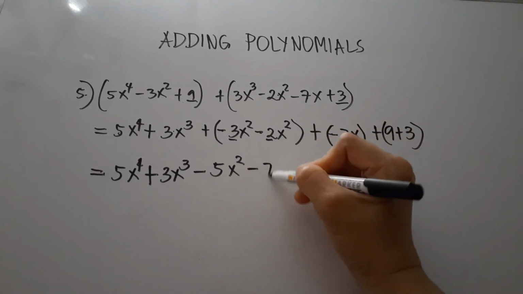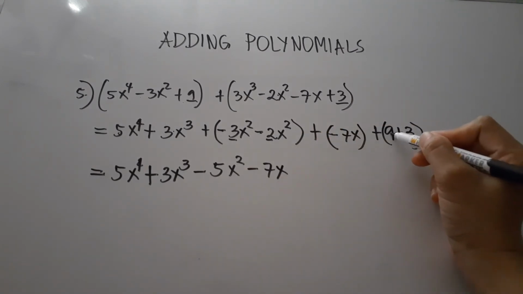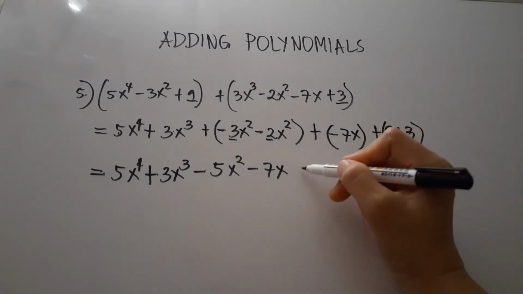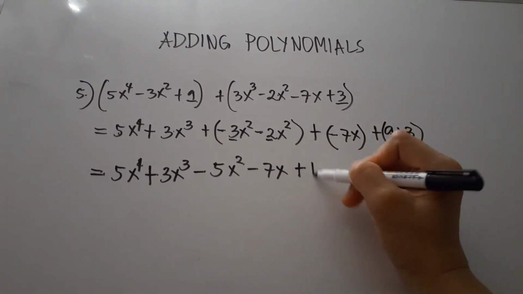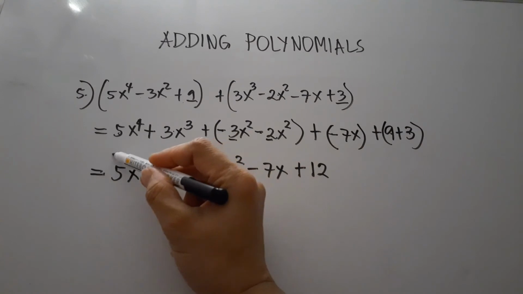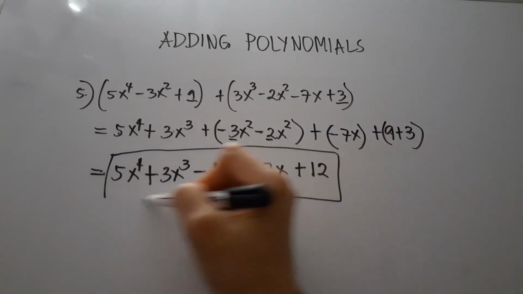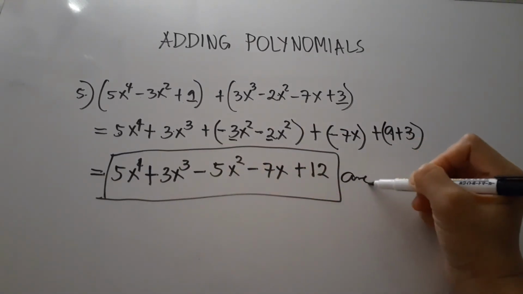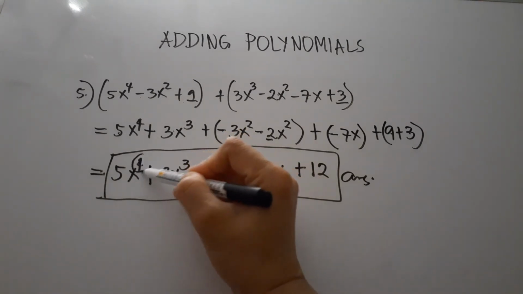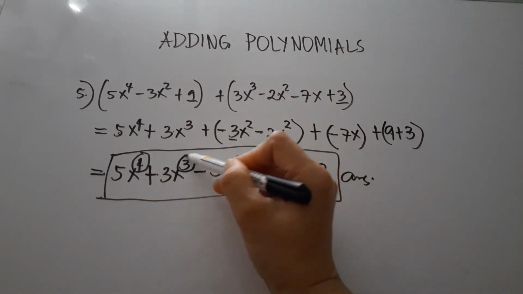Then negative 7x, then 9 plus 3 becomes positive 12, and this is the answer, 5x to the fourth plus 3x cubed negative 5x squared negative 7x positive 12.